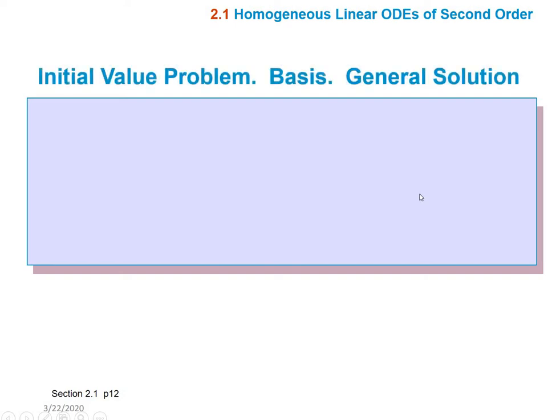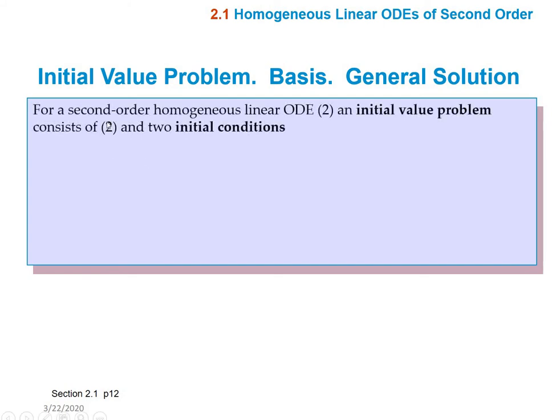Now, initial value problems, IVPs, are basically ordinary differential equations plus initial conditions. For second order, I should have two initial conditions.